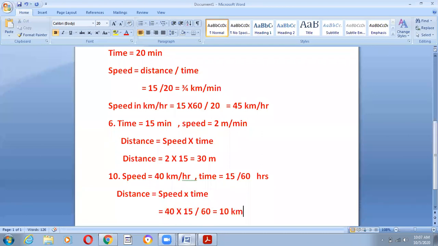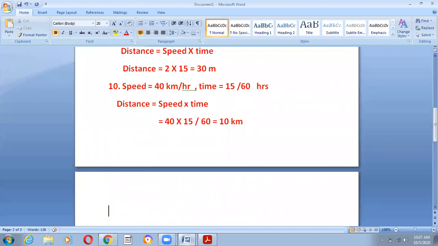Now in the second part, we have 60 kilometer per hour for 15 minutes. I am directly calculating distance. So distance will be speed into time, 60, same way, into 15 divided by 60.